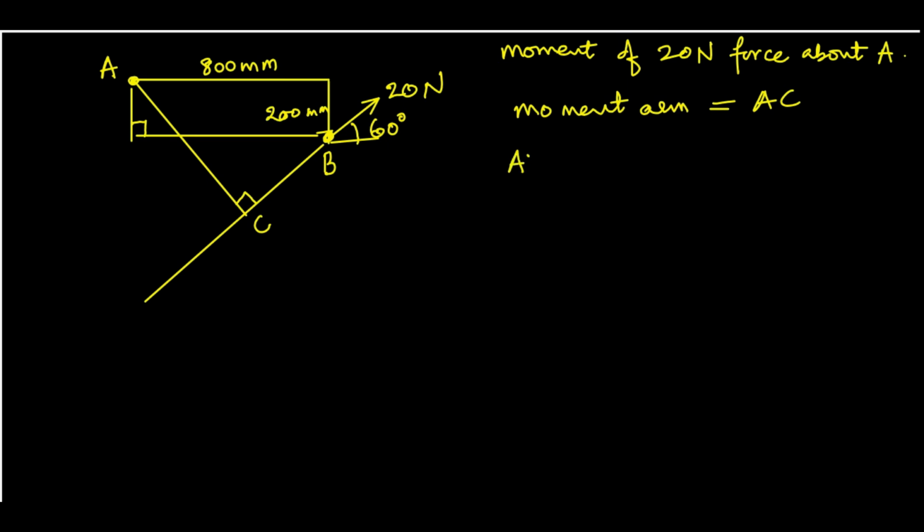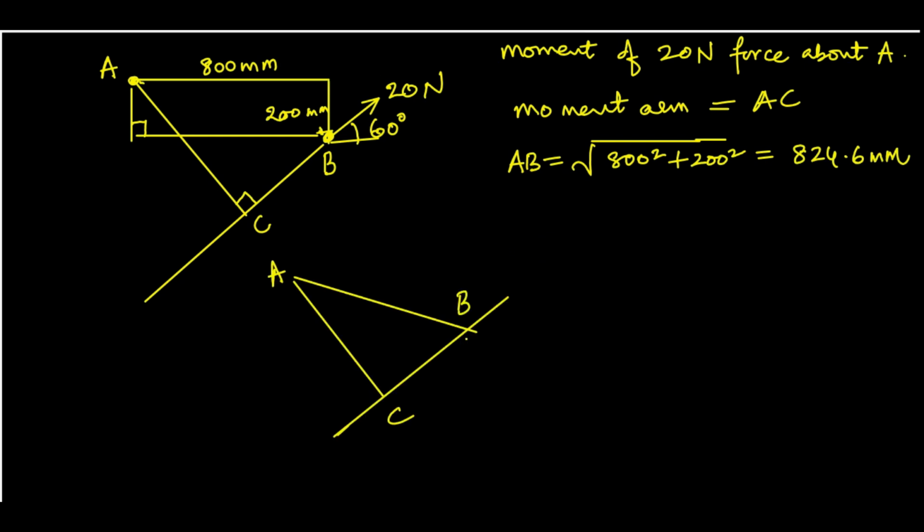So AB is square root of 800 squared plus 200 squared, which is 824.6 mm, and this angle is theta. Let's see.